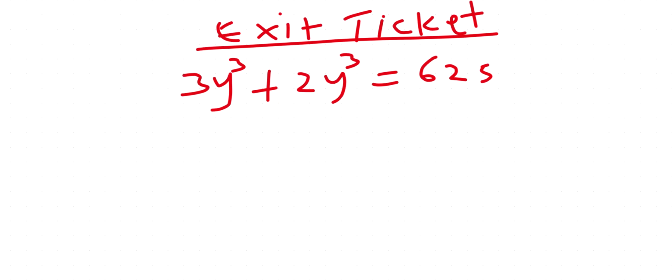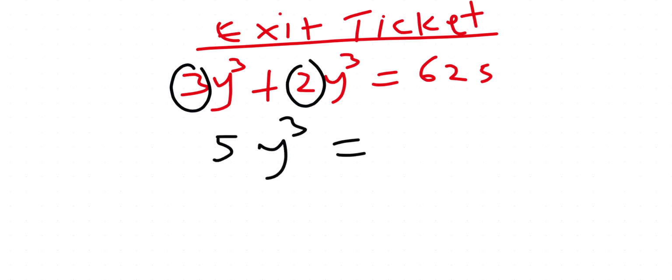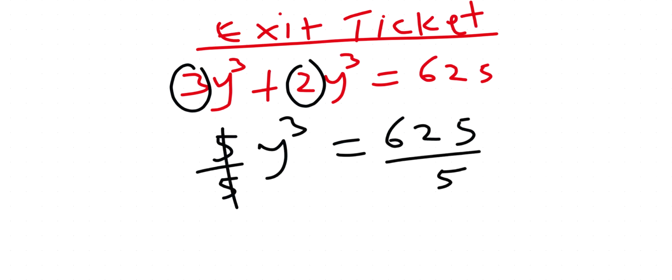Right now, I want to believe you have gotten your answer. So this will be the solution. You have 3 of this here, you have 2 of this here, that becomes 5y raised to power 3. So 625 divided by 5 divided by 5, this will cancel. y raised to power 3 is going to be 125.